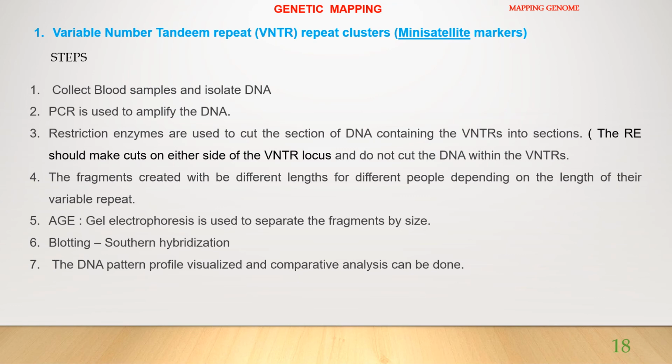The fragments created with the restriction enzyme would be of different lengths for different individuals depending upon the tandem repeat length. This is followed by separation of the bands by gel electrophoresis. Then Southern blotting is done and the pattern is visualized using specific probes and compared.